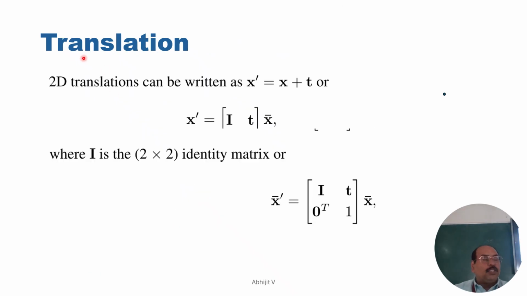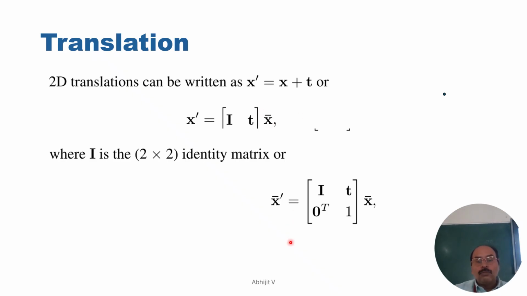So we look into the first, translation. In translation, we can write the transformed matrix x dash of t. When I say x dash of t, it is the image matrix after the particular transformation is done. After translation is done, we have x plus t, or in matrix form, x dash is equal to I, where I is the 2 cross 2 identity matrix, t into x bar.